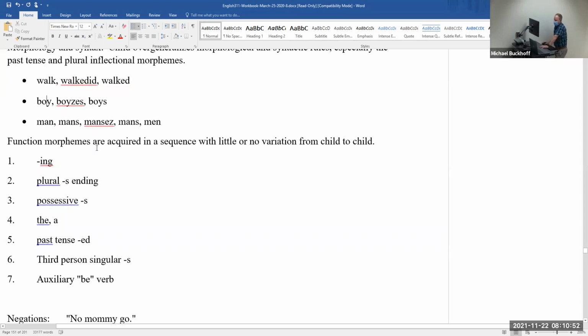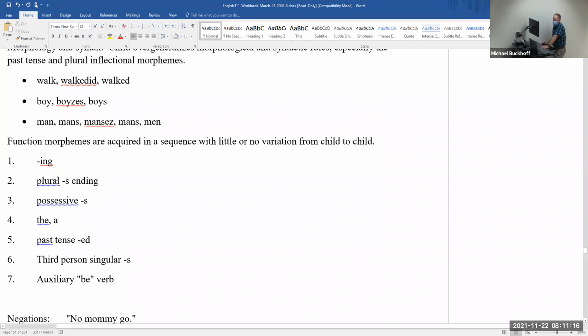Function morphemes are acquired in a sequence with little or no variation from child to child. So it looks like children learn the ing first. If you think about it, the child is concerned about what's happening. I am talking, I am hungry, I am eating something. They're really worried about that continuous and progressive.